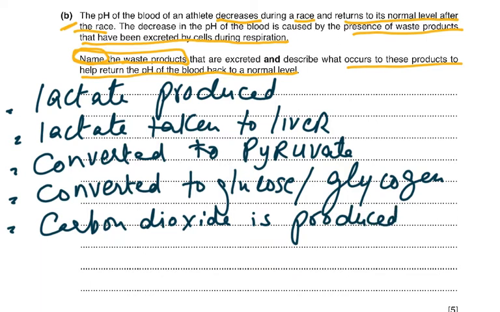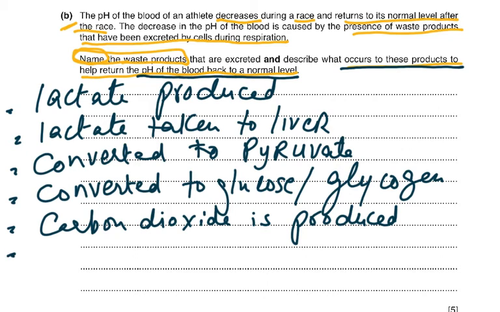Now why is carbon dioxide? Because here, what are we talking about? Describe what occurs to these products to help return the pH of the blood back to normal level. When a person is exercising, body is aerobically respiring, a lot of carbon dioxide is being produced.